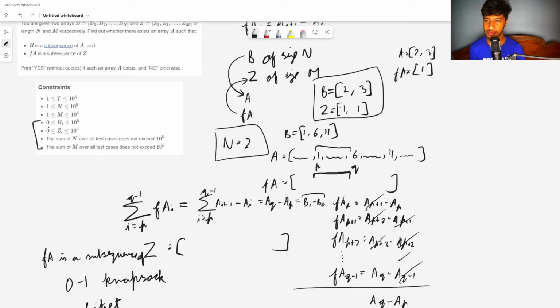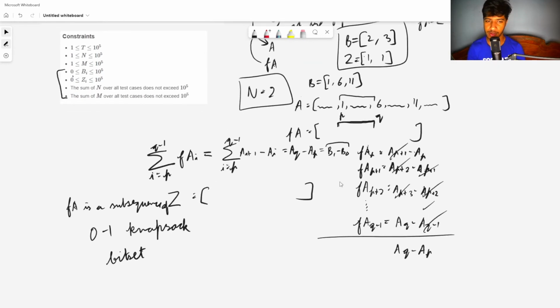The same idea can be just extended. There will exist some other indexes such that they equal B of 2 minus B of 1, and there will be a subsequence of Z that equals B of 2 minus B of 1. So you have to partition Z now. There will be a subsequence here that has sum equal to B of 1 minus B of 0, and a subsequence here such that their sum is B of 2 minus B of 1.